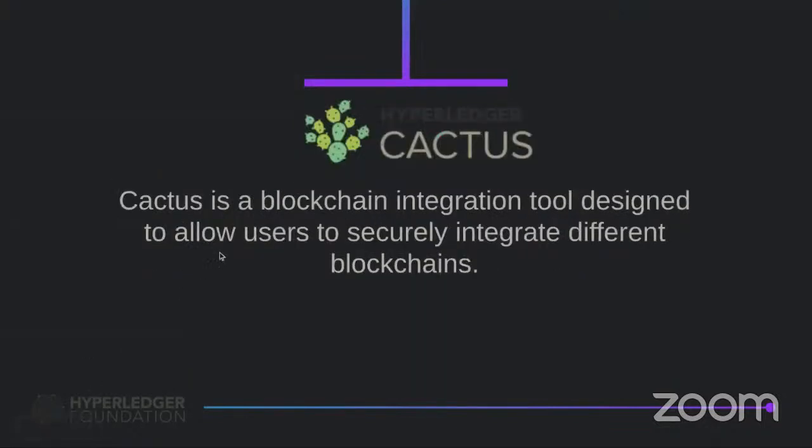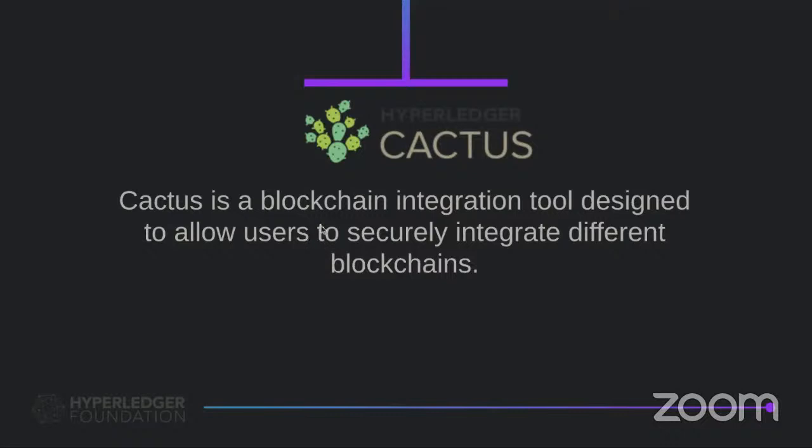Cactus. This one is used for integration to allow users to secure and integrate different blockchains. Different organizations can build their different projects, and sometimes you want to make your ecosystem interoperable with other systems or other blockchains that you are using.